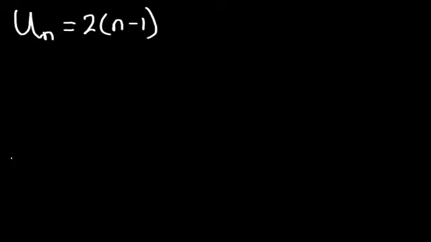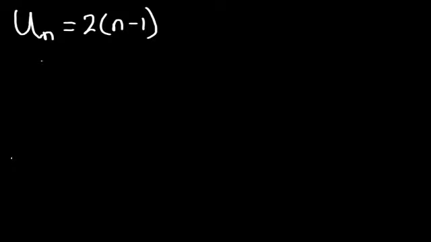So what this means is that all the terms that are going to be present in this particular sequence are going to be formed using this certain formula. So what you would like to do is start getting each term starting from the first term. The first term will be when n is equal to 1, the second one will be when n is equal to 2, and this will continue to wherever it is required to stop.